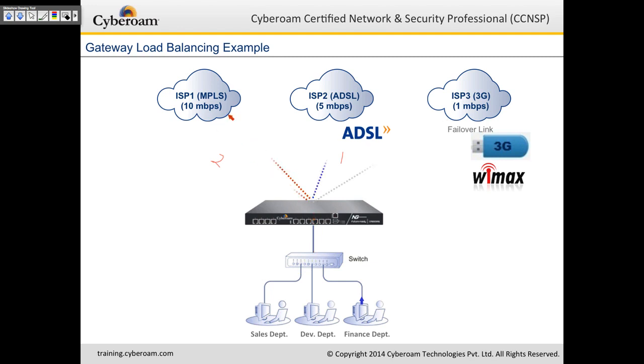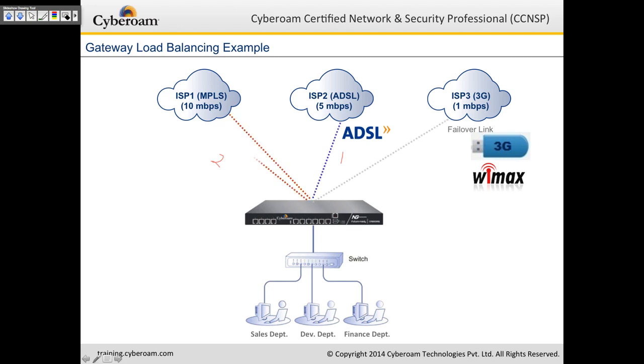Fair enough. Now the second packet comes in from another user, and it goes via the second link, which is the 5 Mbps. Now the third packet comes in, again it takes the route of 10 meg because it's doing load balancing in the ratio of 2:1, since we've assigned a weight of 2 on the 10 meg and a weight of 1 on the 5 meg.